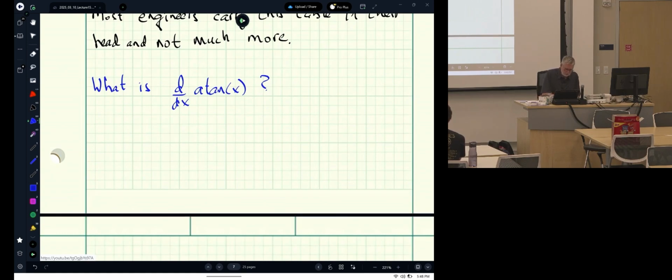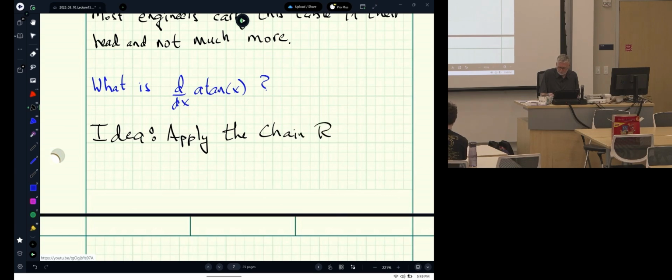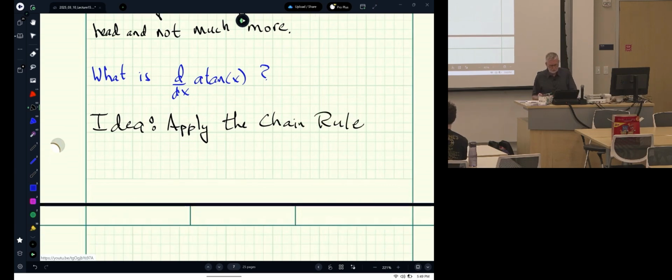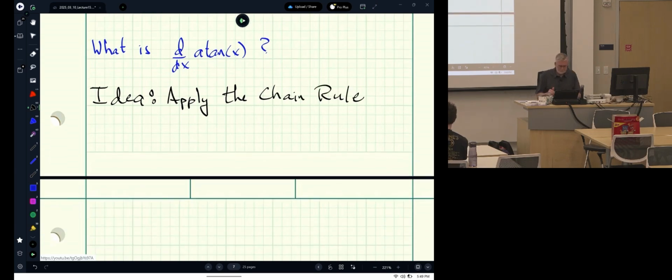Okay, and apply the chain rule. You guys are good with the chain rule, okay? So I'm going to say x is equal to tangent of arctangent of x.